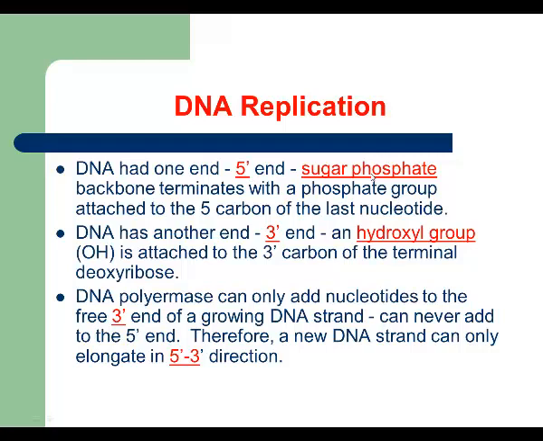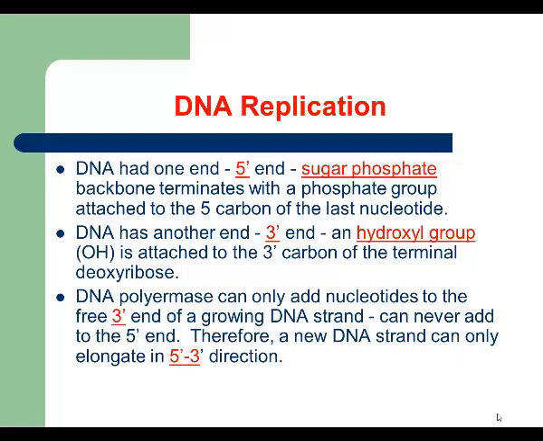If that strand has a 5' end on one side, on the opposite side it is going to have what we call the 3' end, with a hydroxyl or OH group. So DNA polymerase 3 can only add new nucleotides and build up a new complementary strand when it moves from 5' to 3' direction.